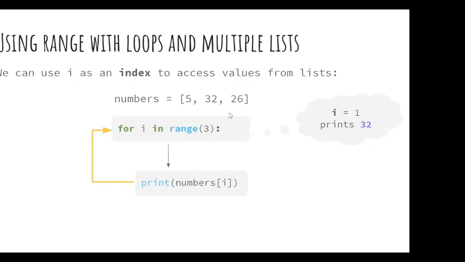We see that we have the second index over here, and then that prints out 26. Okay. That is how it goes on repeatedly. And after all the items are printed out from the numbers, the loop will terminate. Okay.